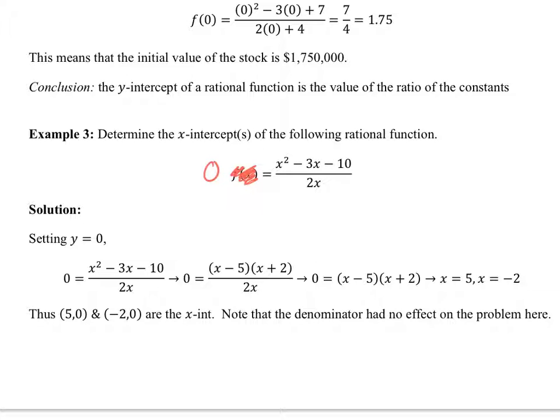So if I take into account what Luke said, when the numerator is 0, a fraction can be 0. So as a result, you literally, right here, set the numerator equal to 0. This is the factored form of the numerator, set equal to 0. And then these are your solutions. So the x-intercepts of this graph will be 5 and -2.